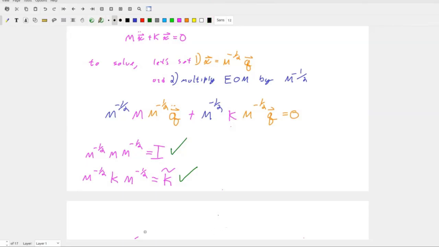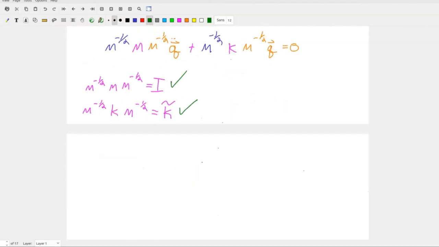So we found it. And the value of this is that's one matrix that has information from my mass and my stiffness, right? So now I have a single mass normalized stiffness matrix, k tilde, that I can use. Equation of motion becomes my identity matrix q vector for acceleration.